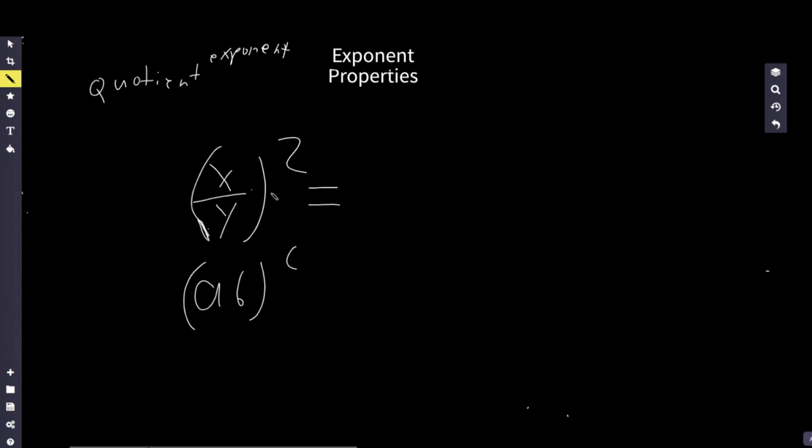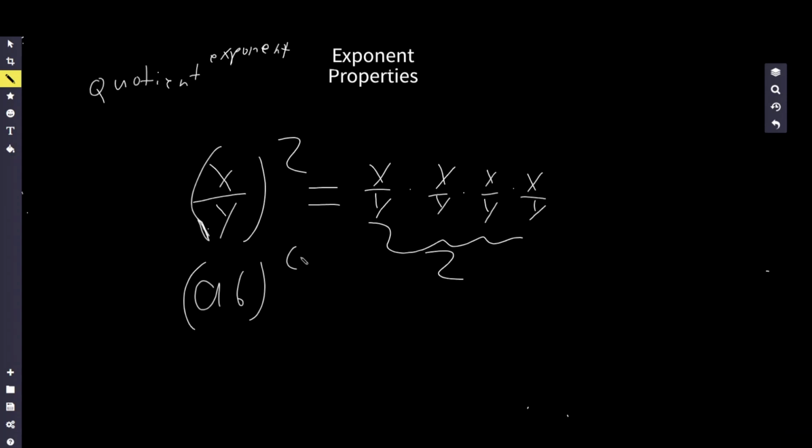Okay, so this is just, well, if we have x divided by y multiplied together z times, that's x over y times x over y times x over y times x over y. I'm just going to skip straight here to the generalization because you're probably getting bored of exponents and want to move on. So this is x divided by y being multiplied together z times.